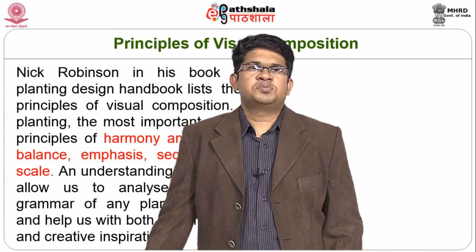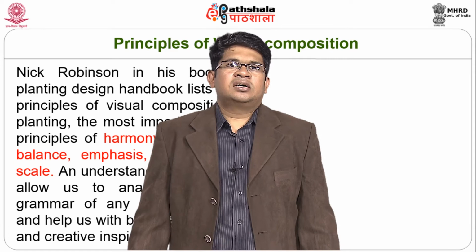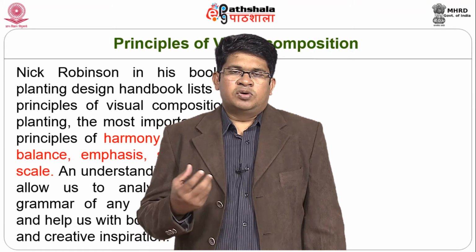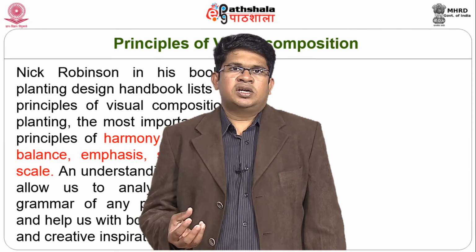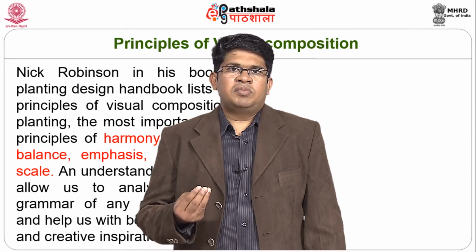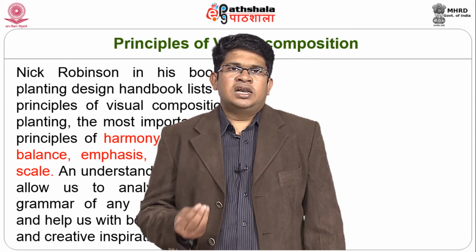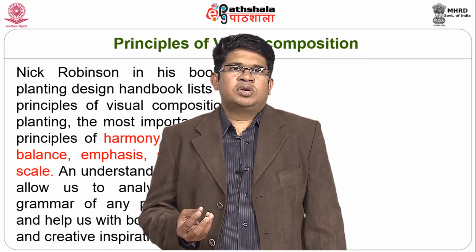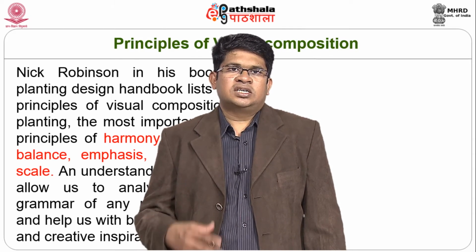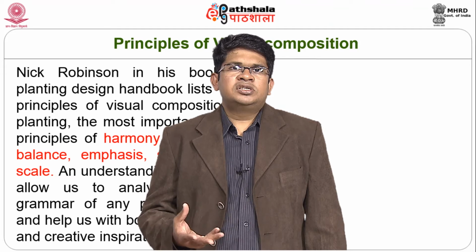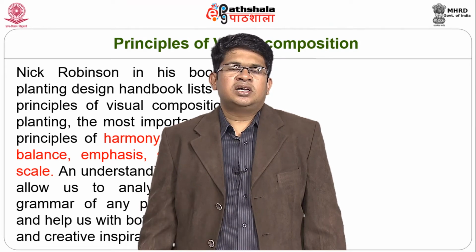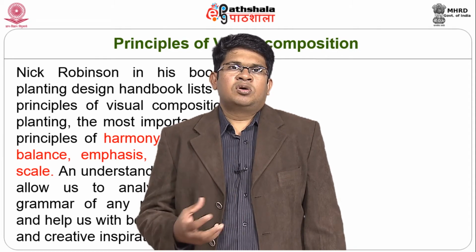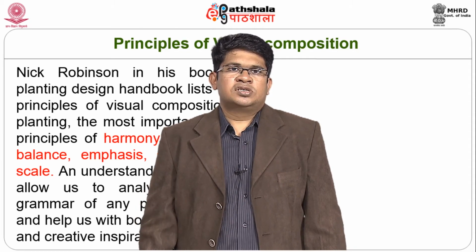So, what these principles do is give us a framework based on which we could use them in a design process and make them elements or instruments which would help us to give the right kind of visual arrangement to any particular place, so that it works not only functionally, but also gives a very aesthetically pleasing visual or landscape to the user.